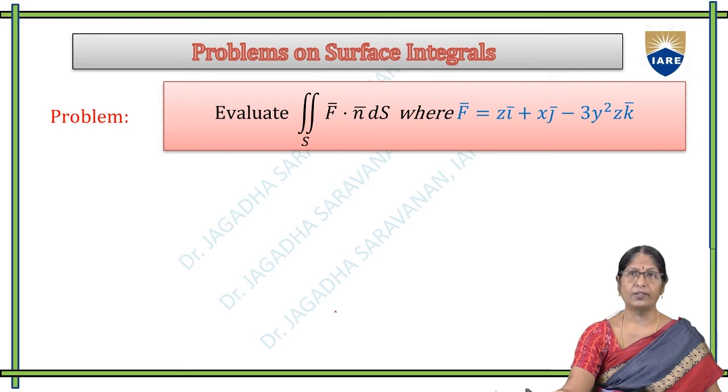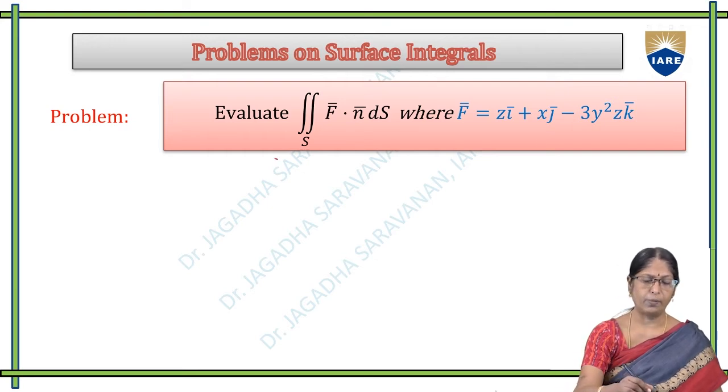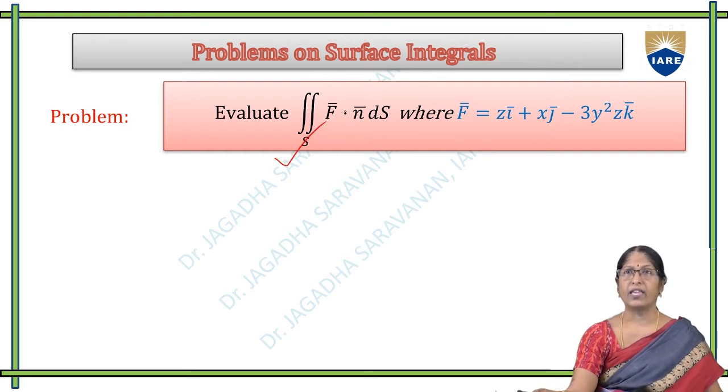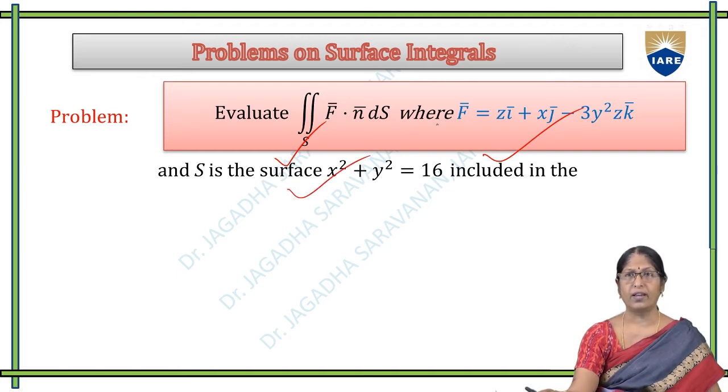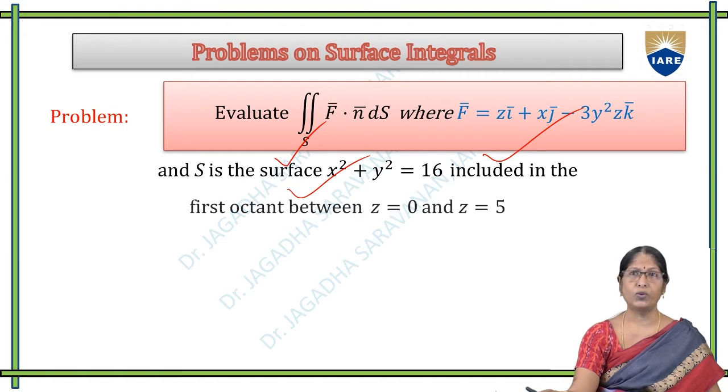The first one is: evaluate the double integral over S of F dot n dS, where capital F equals z i plus x j minus 3y square z k, and S is the surface x square plus y square equal to 16 included in the first octant between z equal to 0 and z equal to 5.